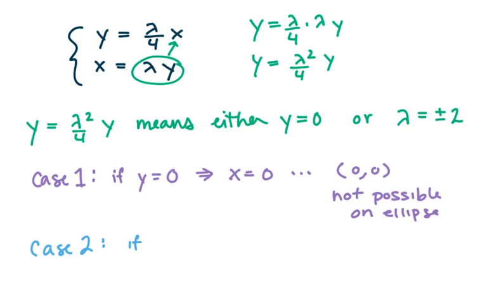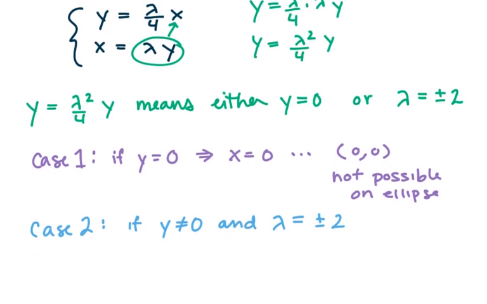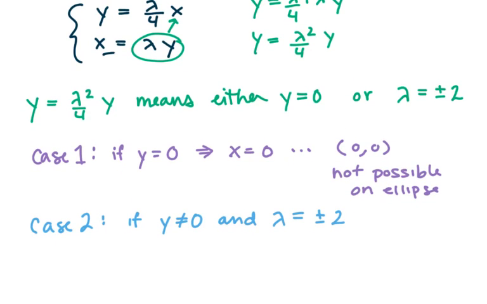And that states, well, if y is not 0 and lambda is some positive or negative 2 value, we got plus or minus 2 for lambda. So what does this mean? Well, what we know up here is that x equals lambda over y.